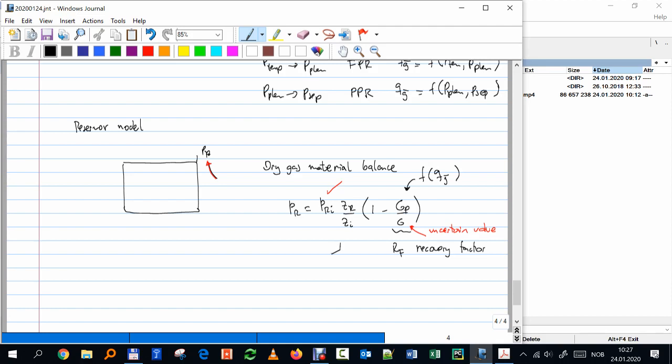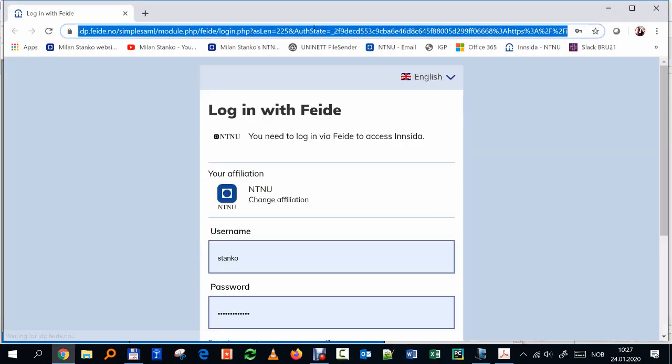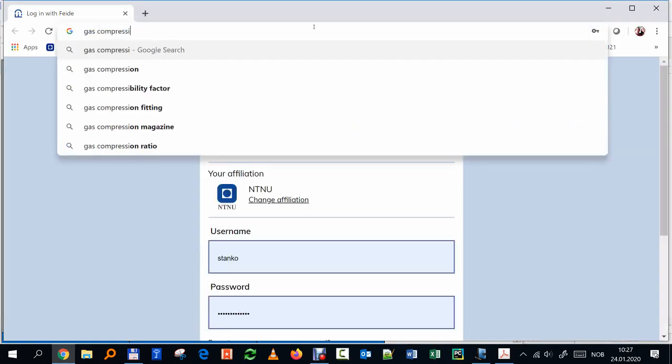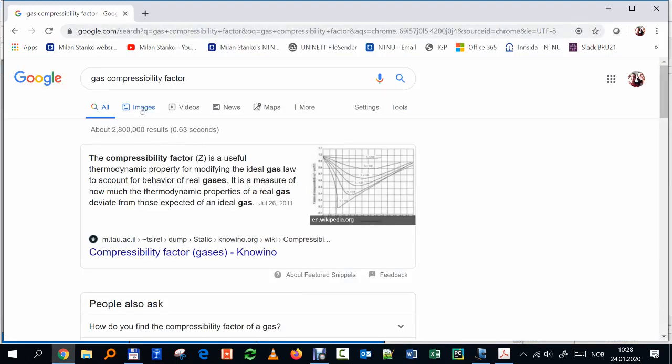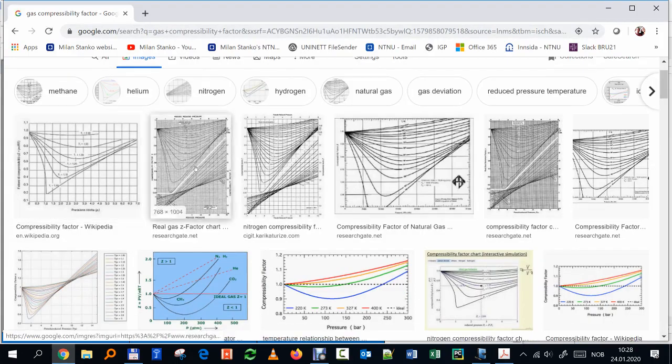Now Z, what is Z? The gas compressibility factor, gas deviation factor. And you remember we had a chart that looks like that.